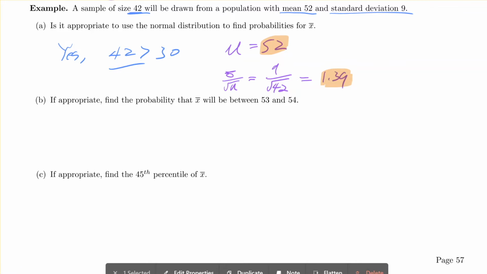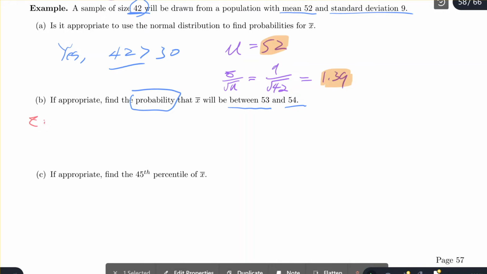For part B, find the probability that the sample mean will be between 53 and 54. So in this problem, we're finding the probability that the mean value of 42 samples is between 53 and 54. We find those two z-scores.